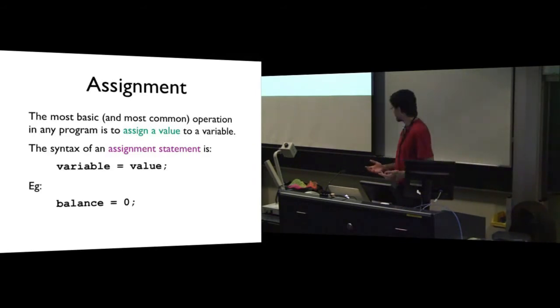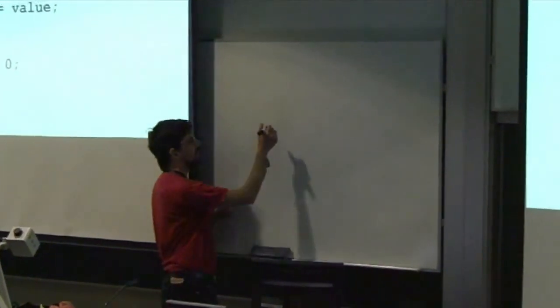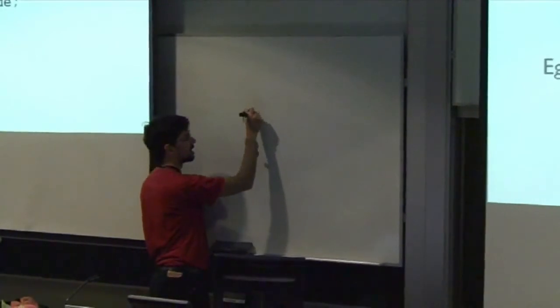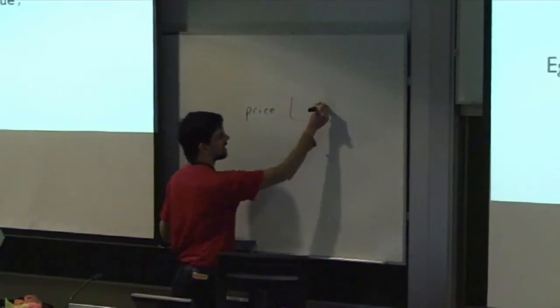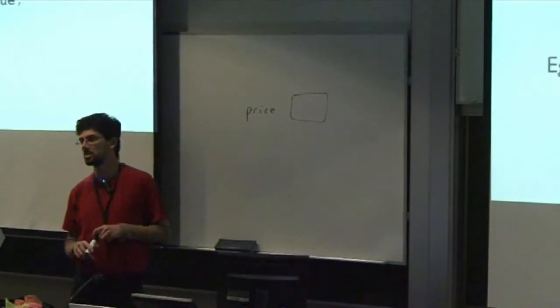I haven't got a slide for this, but the idea of a variable is sometimes a bit tricky for people. But it's really all it is: we have a name and there's a box, right? And we put something in that box.